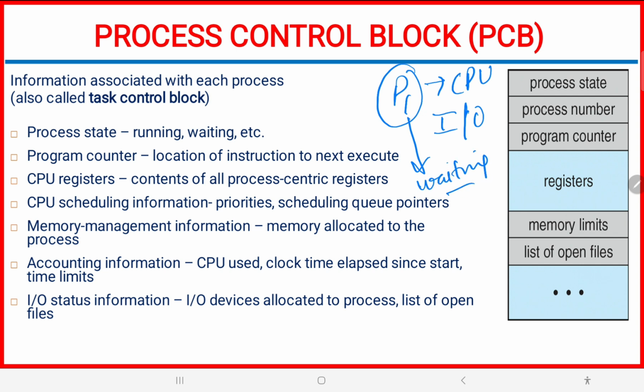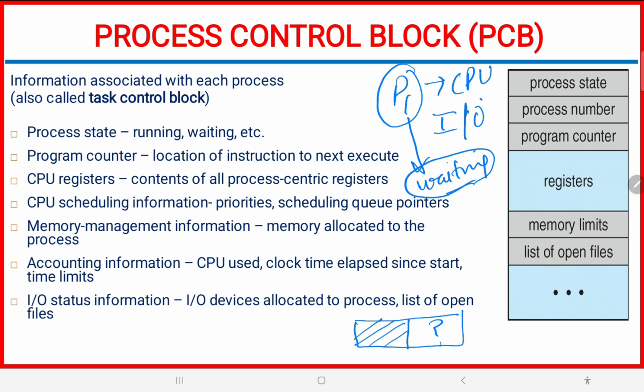Before it moves to the waiting state, suppose this is the task which it was supposed to do. Once it was with CPU, this much amount of task was done, and this is the pending task which is yet to be done. And the process has shifted from running state onto the waiting state.